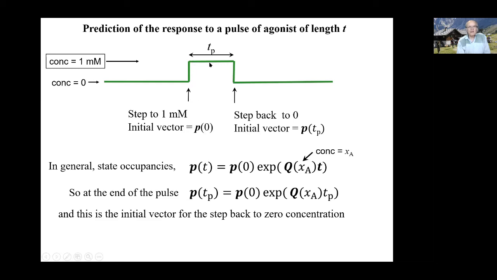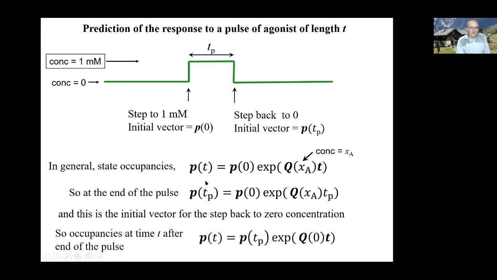We can then calculate from this general expression the occupancies at 1 millisecond. At the end of the pulse, there'll be this, the initial vector times the Q matrix for 1 millimolar times the length of the pulse, and these will be the initial vector for the step back to 0.